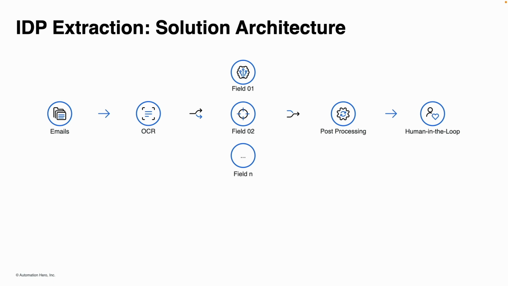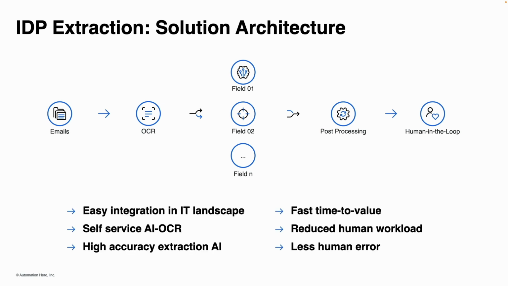Why is Automation Hero the right solution for such an IDP, intelligent document processing use case? What we have seen today, well, we haven't actually seen that, but it is very easy to integrate the solution in the IT landscape and connect to any possible data source. In our example, we had to connect to emails, and that's very easily done. Setting up the OCR and the AI pieces is very easy and quick.